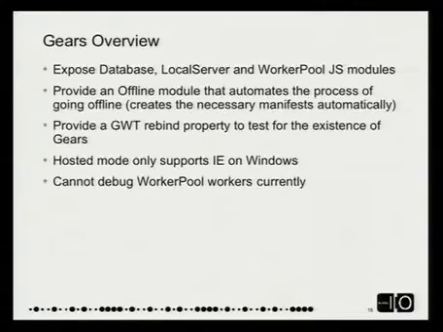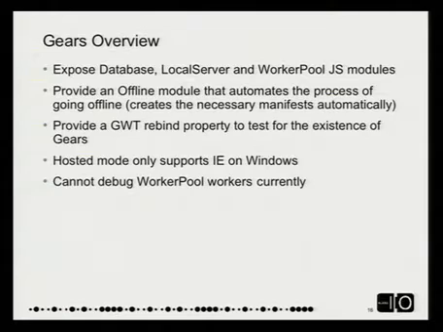Okay. So we talked about Ajax Search and the support that we have. We talked about gadgets and the support that we have for that in GWT. Next area is gears. So we actually do have GWT bindings for gears that are part of the GWT project. And they expose everything you would expect, the database, local server, worker pool.